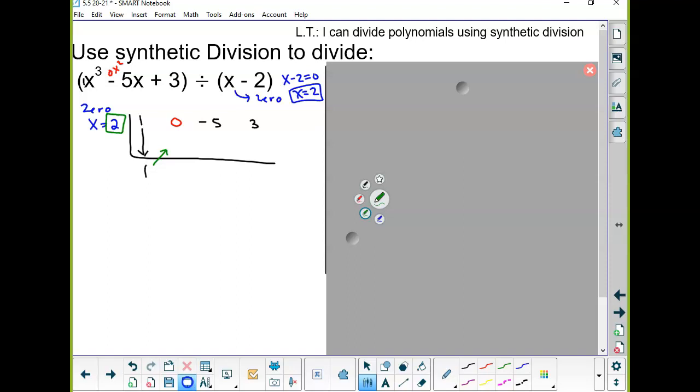So 0 times 2, 2 times 1 is 2. And then to go down, we add. And I'll write that down here so you have that as a little hint. So that's how I get 2 to the next spot.